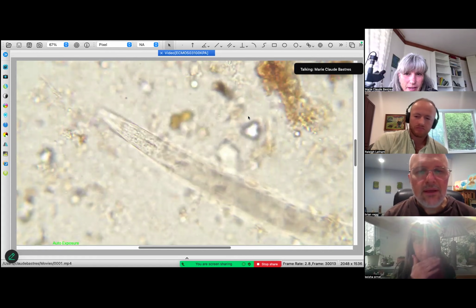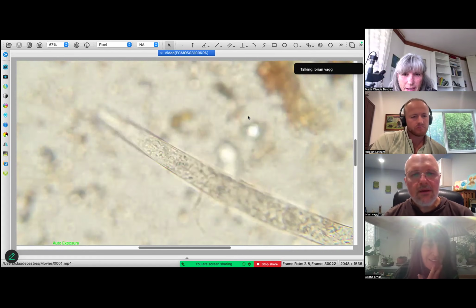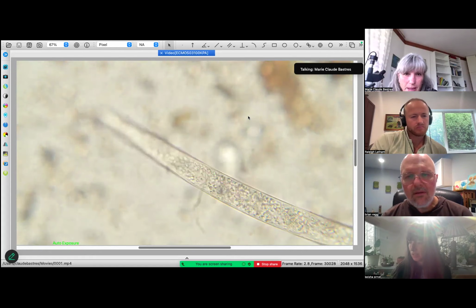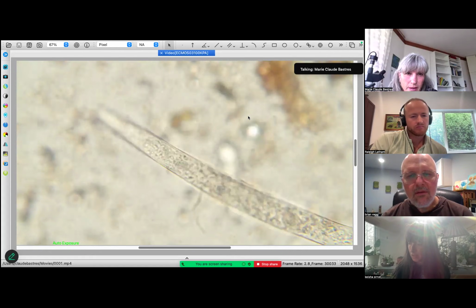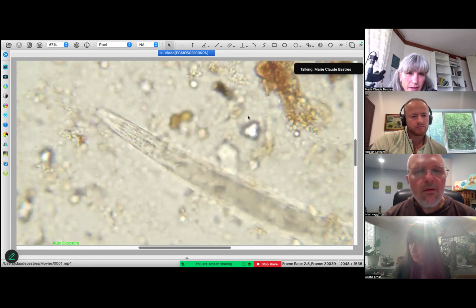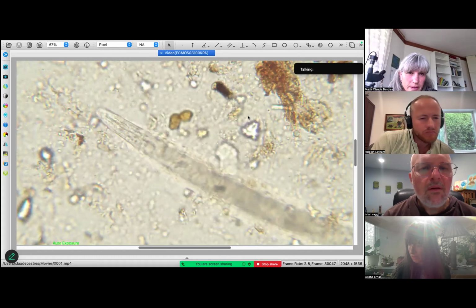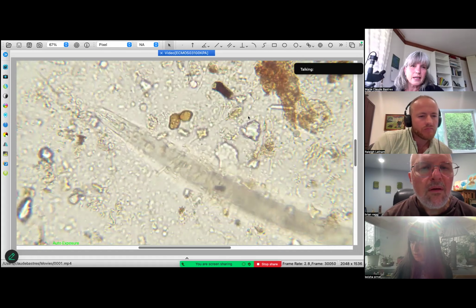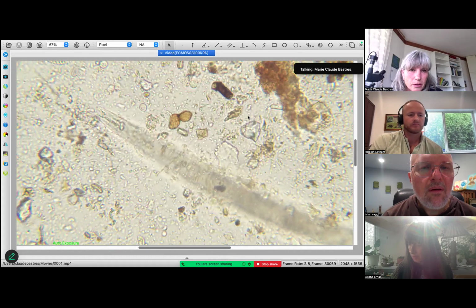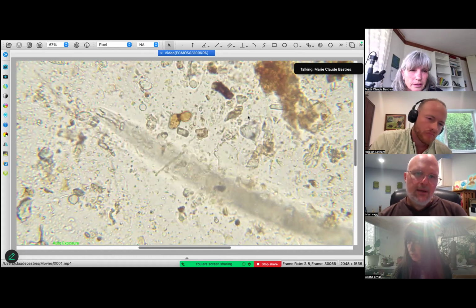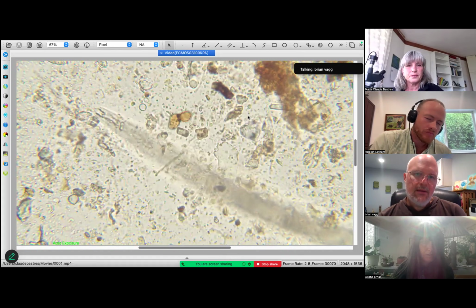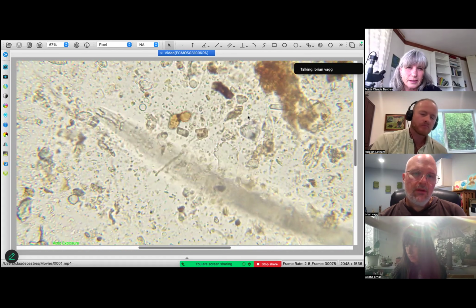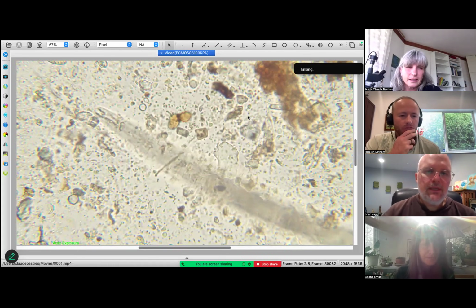Let's take a look at its mouth and see what we can see. I think it is an omnivore. Oh yeah, right there. You can see that wide, shallow mouth. That's what I'm seeing.